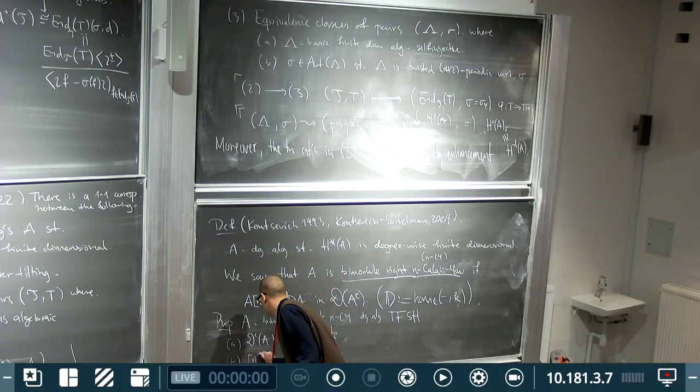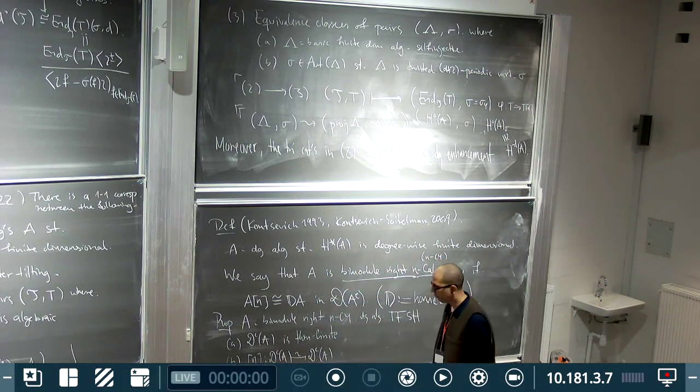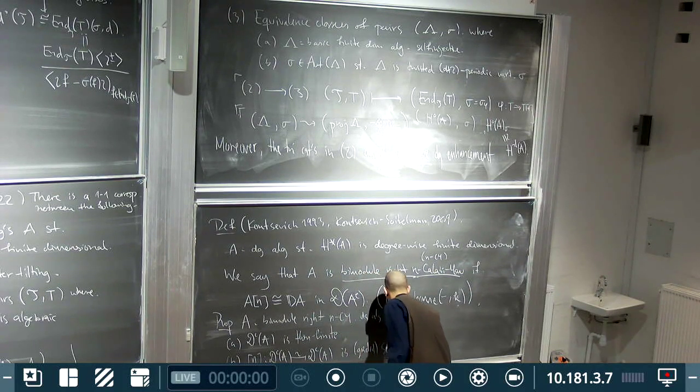The shift by n, with its standard triangulated structure, is what is called the graded Serre functor.